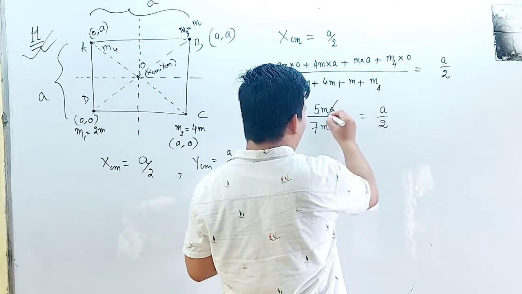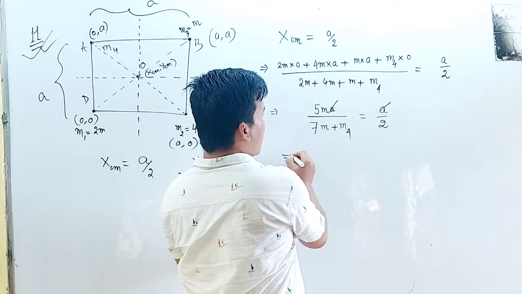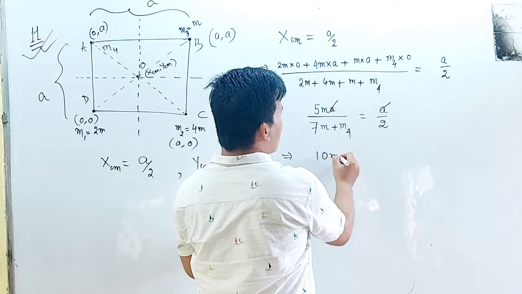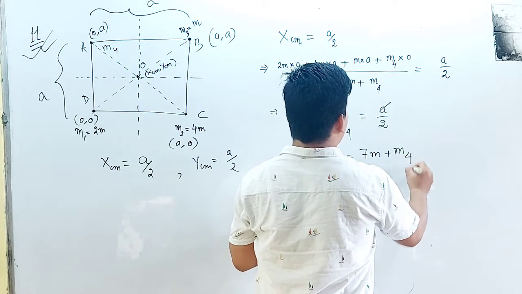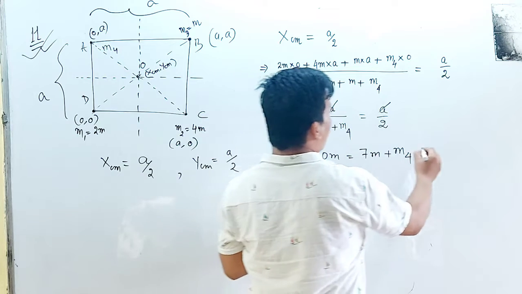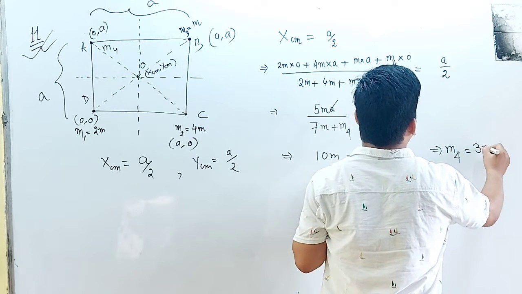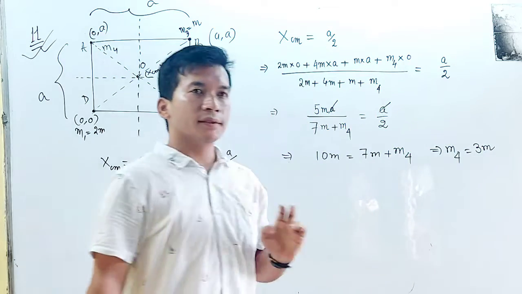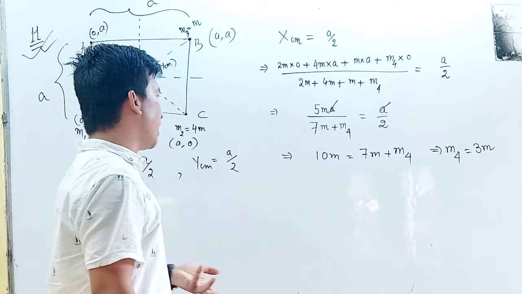The A gets canceled out. After simplification we will be having 10M is equal to 7M plus M4. Here, what must be the value of M4? It will be equal to 3M.